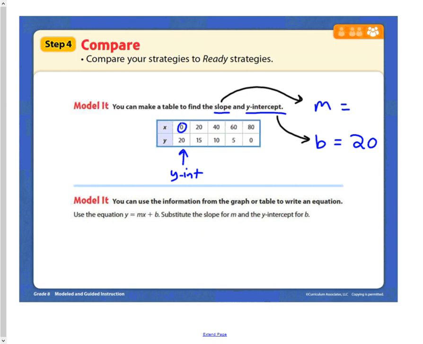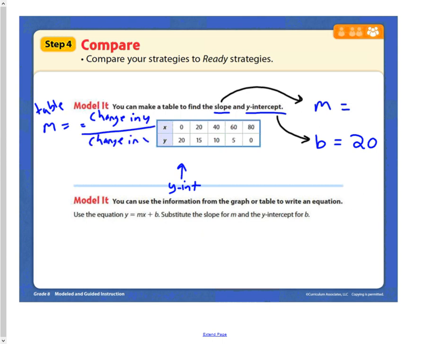Now, to find the slope on a table, you might recall the slope on a table is change in y over change in x. So to find the change in y, we have to look at the y values. So I'm looking at the y's here. And I go from one y to the next, and every time it's going down 5.